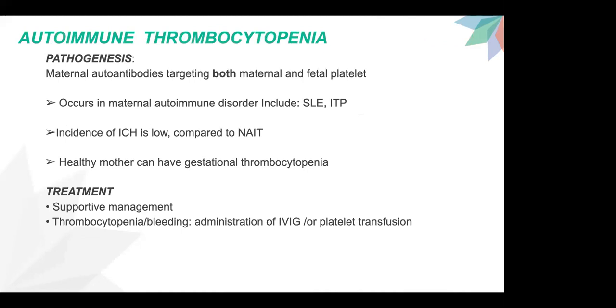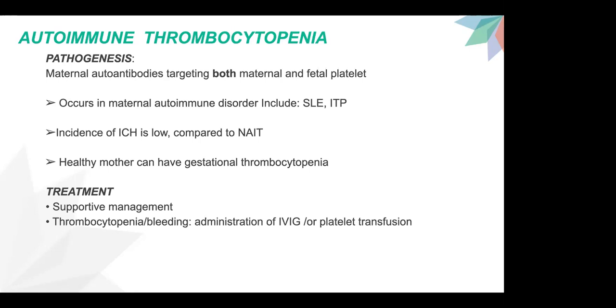Autoimmune thrombocytopenia. What actually happens in autoimmune thrombocytopenia is that this mother is already having an autoimmune disorder like SLE or ITP. So this mother already developed autoantibodies, and these autoantibodies are already attacking herself.